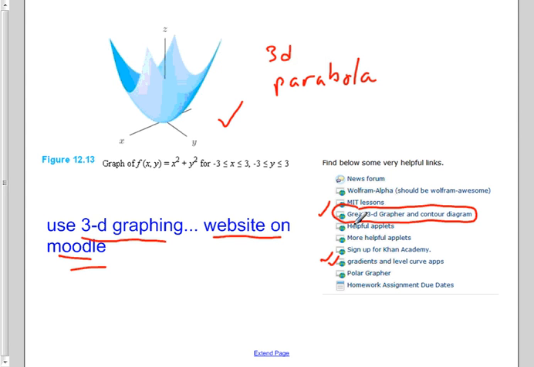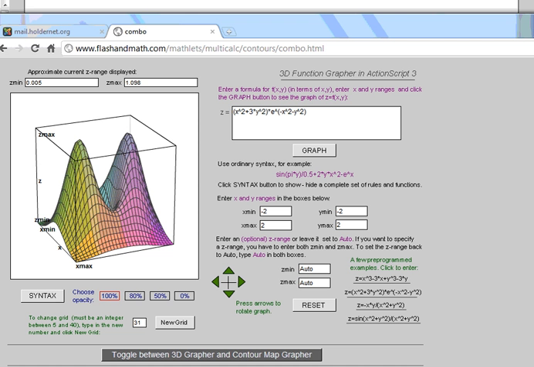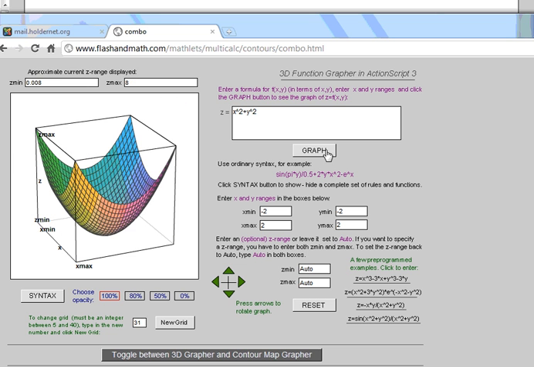So if I were to click on Great 3D Grapher and Contour Diagram, what I get is this very cool Flash software. I can go into Z, and I'm going to change Z to x squared plus y squared, and I should get the same type of graph back.